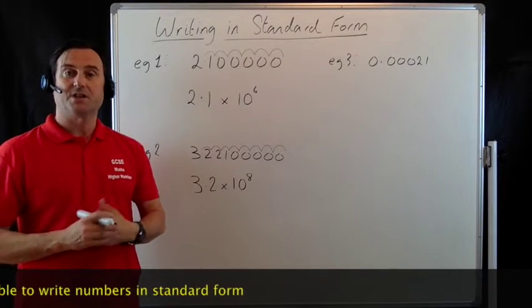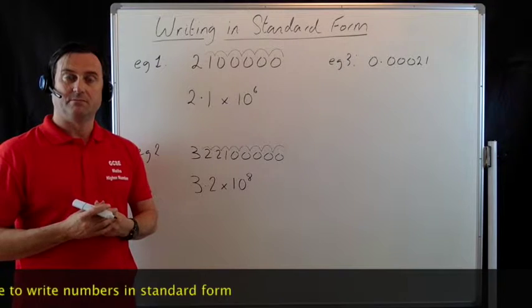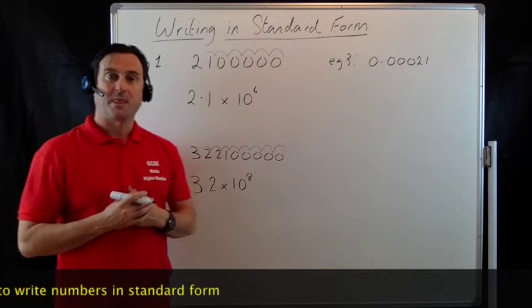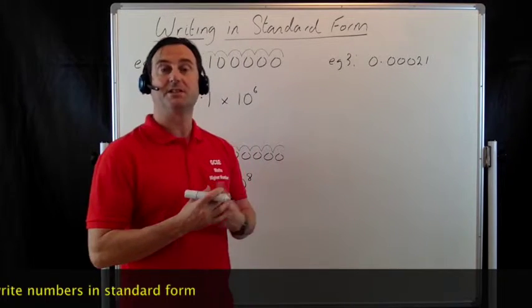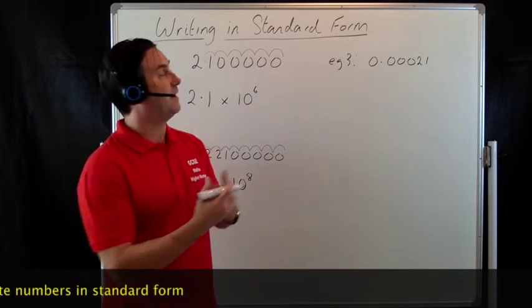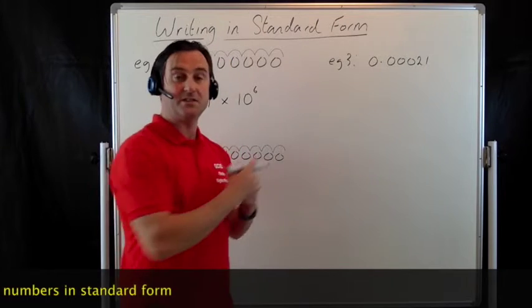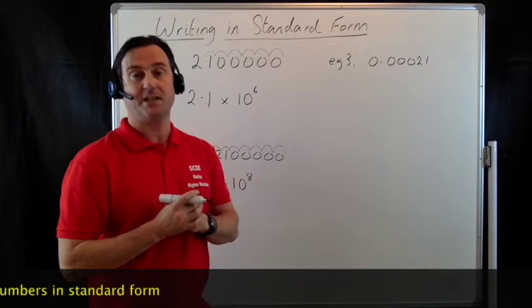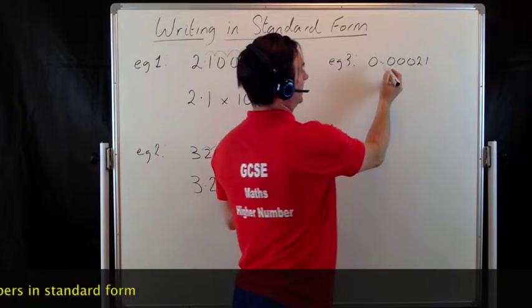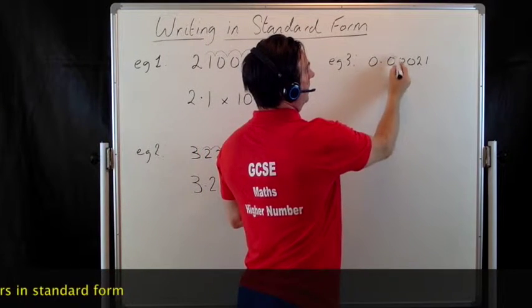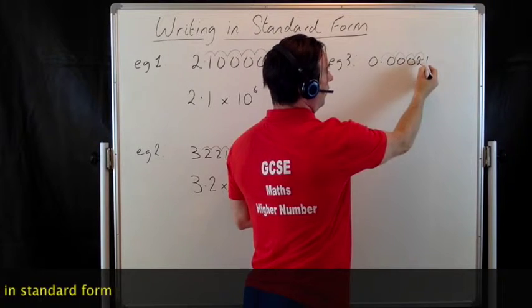Example 3. This time we've got a decimal number, a very small number. And for this one, it's best to see how many places the decimal point needs to move, or how many places the digits need to move to the left, to get that number between 1 and 10. So if we start off and say, right, well, there's the decimal point, 1, 2, 3, 4.